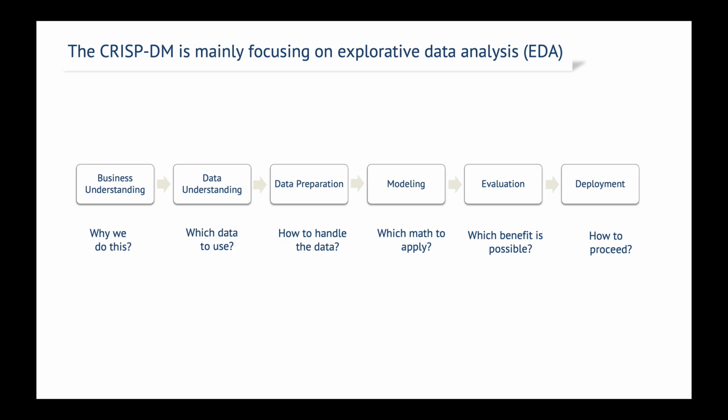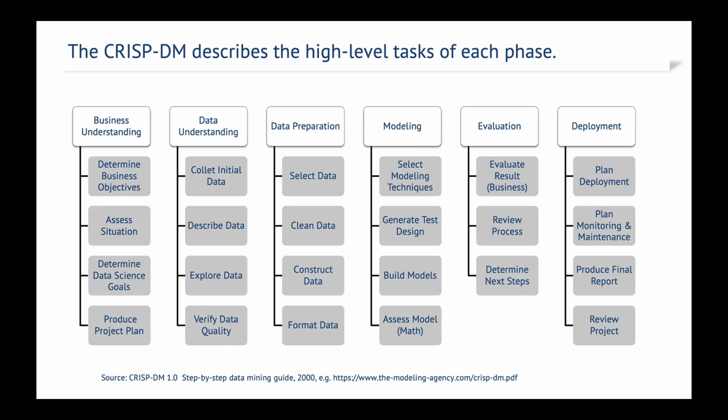So this entire cycle of CRISP-DM is mainly focusing on so-called explorative data analysis. It means it is used quite at the beginning of a project phase where we should concentrate on the value identification and value extraction.